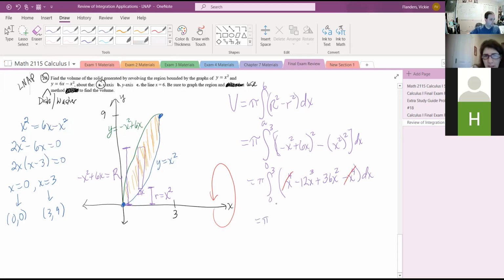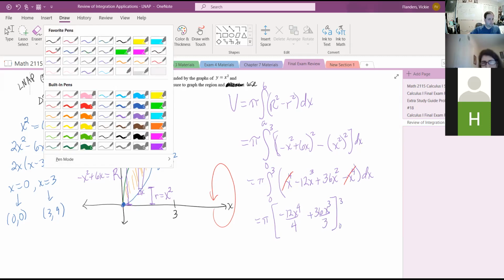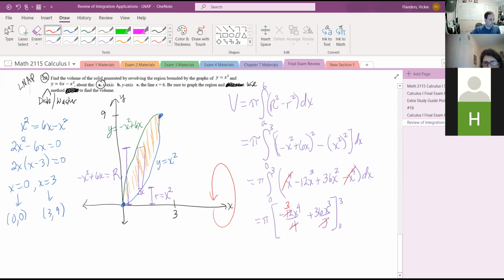So now I'm going to integrate negative 12x to the 4 over 4 plus 36x cubed over 3, from 0 to 3. And I'm noticing, 4 goes into 12 3 times, and 3 goes into 36 12 times.